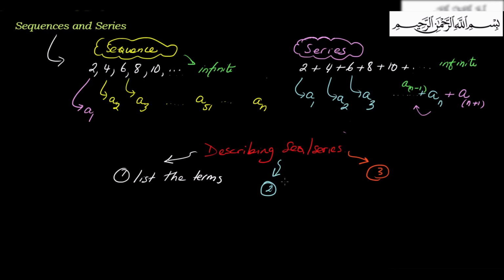In terms of describing a sequence or series, there are two types of rules that can be used. The first type is called a recursive rule. Let me use a different color over here, maybe. All right, so a recursive rule, and the second type of rule is called an explicit rule.